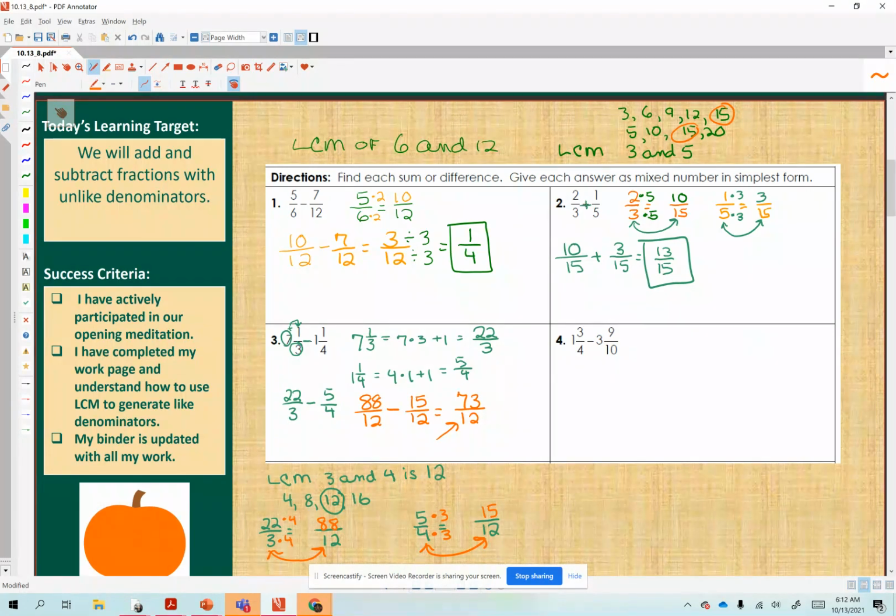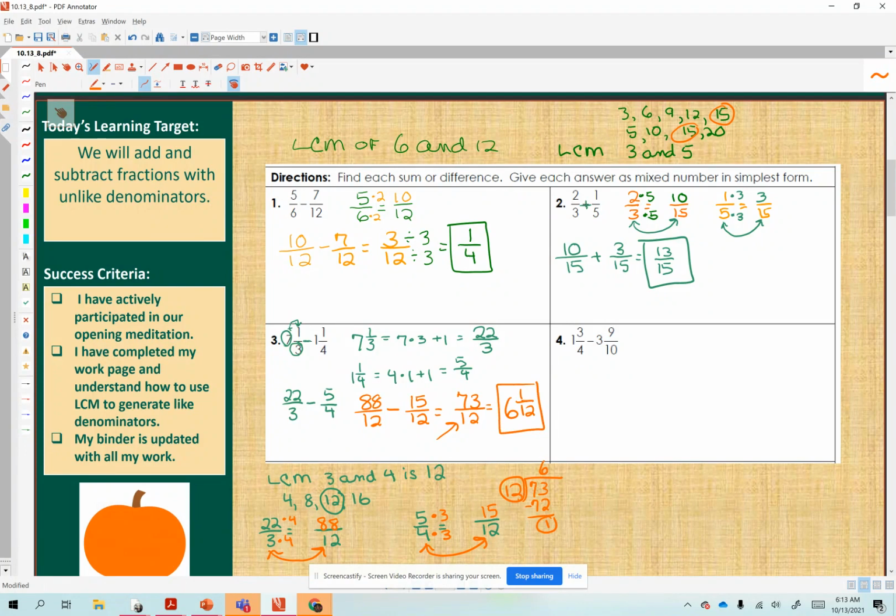So I'm going to divide 73 by 12, and I can use a calculator to help me a little bit. I know that 12 times 6 is 72, so that would give me 1/12 left over. The remainder is our new numerator, and 12 is still our denominator. So we have 6 1/12 as our final answer.